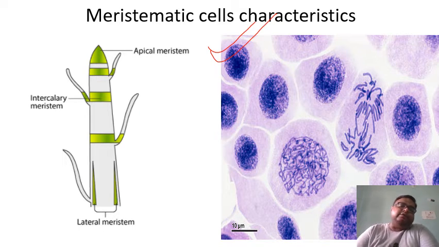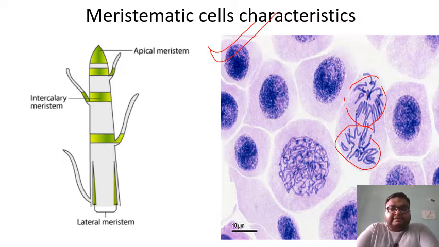Can you come up with some properties of these meristematic cells? First of all, you say that it is dividing. So you can see division. Another one, it is having dense cytoplasm.